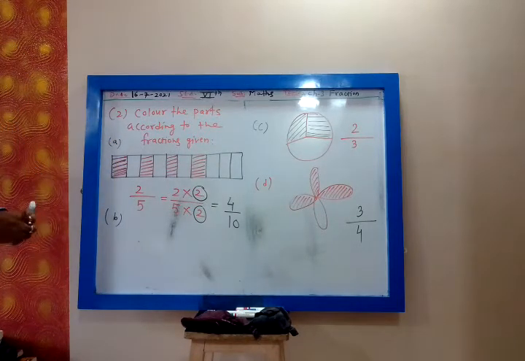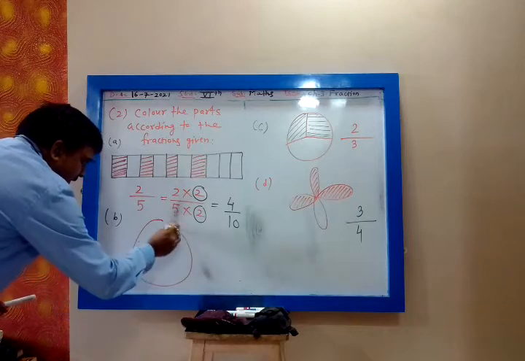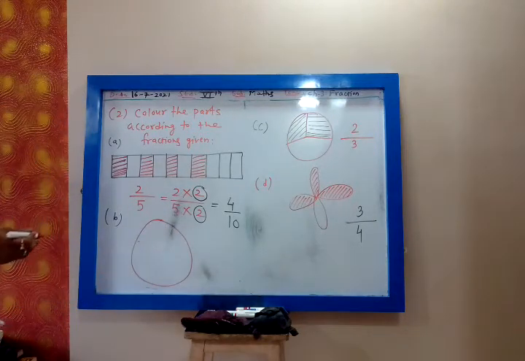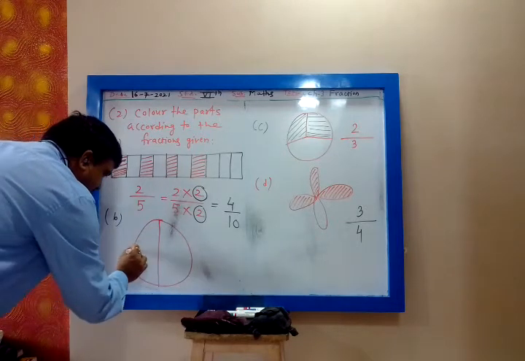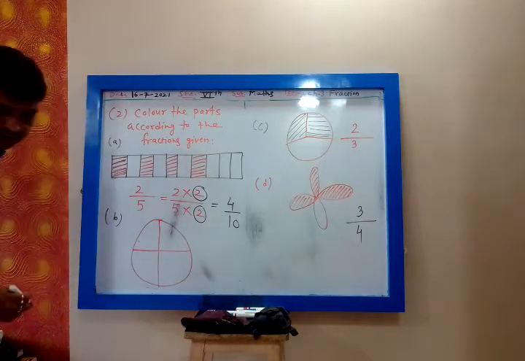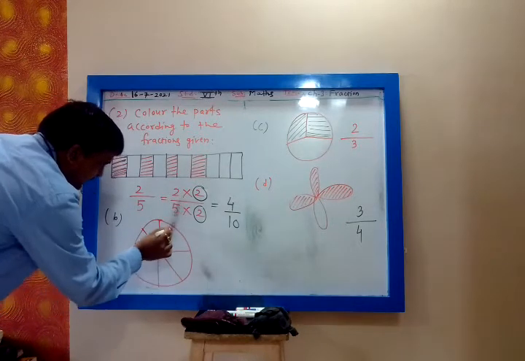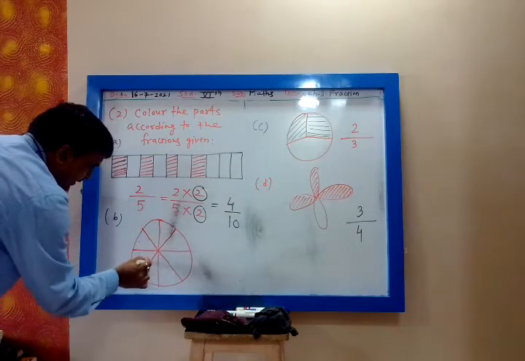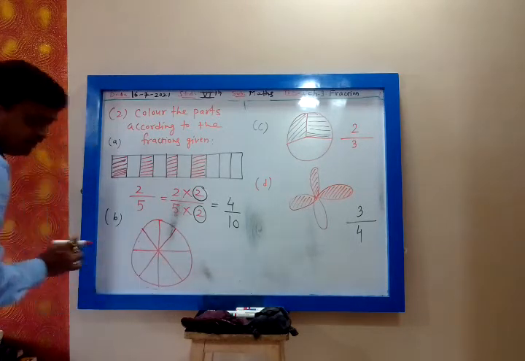Then in B part you are given a circle. Any type, my dear. You can make a circle. There are 8 parts. Just count 1, 2, 3, 4, 5, 6, 7, 8. 8 parts.